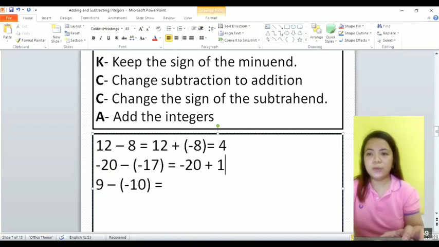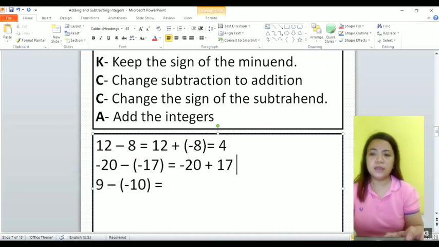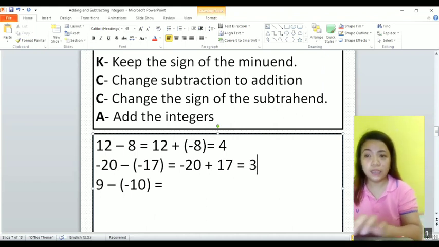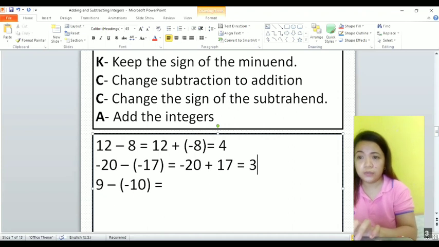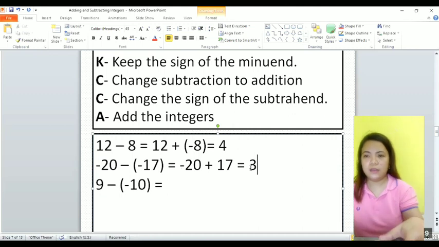And then we're going to add. So negative 20 plus 17, they are unlike signs, so we're going to subtract first. So the answer is 3. But negative 20 here has a greater absolute value. That's why our answer here will become negative.